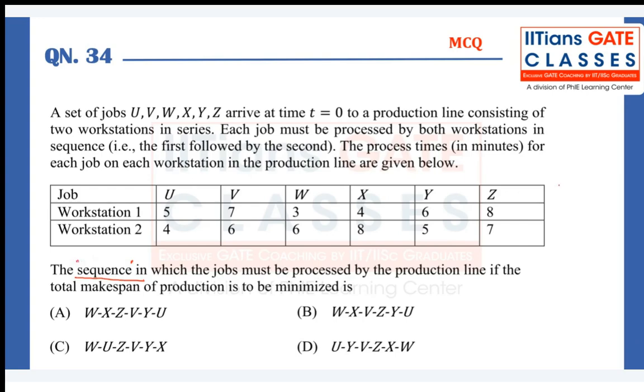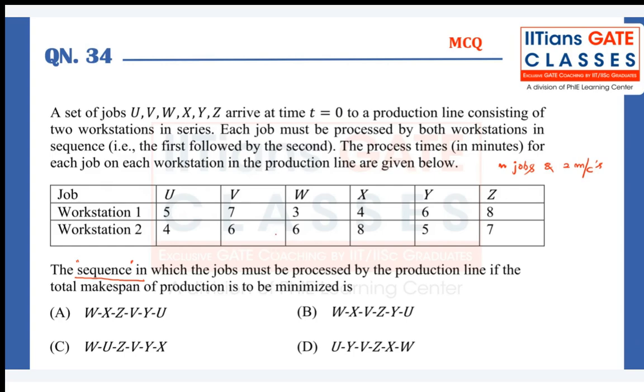So what model is it? It is n jobs and 2 machines, which means 2 workstations. Jobs U, V, W, X, Y, Z and workstations 1 and 2 are given. Their processing times are also given. Clear everybody, guys?